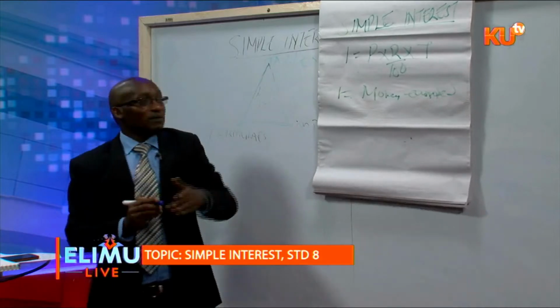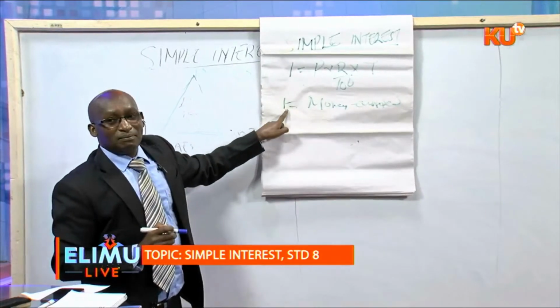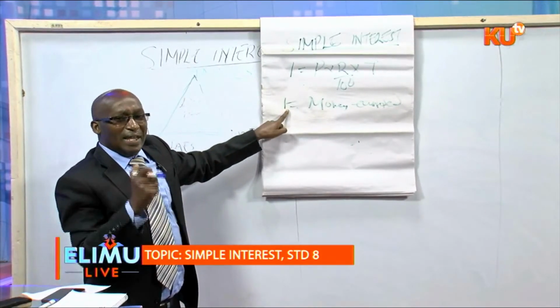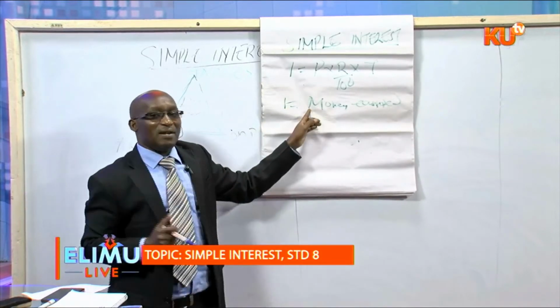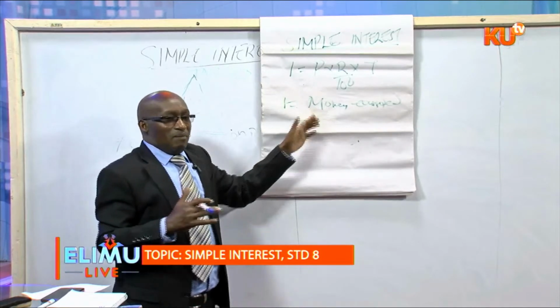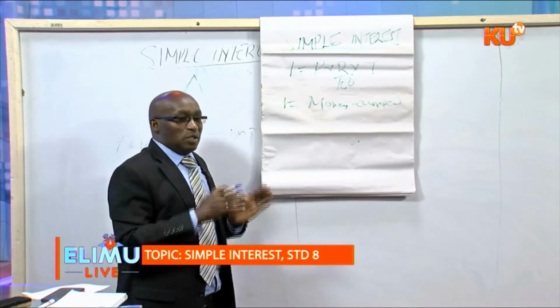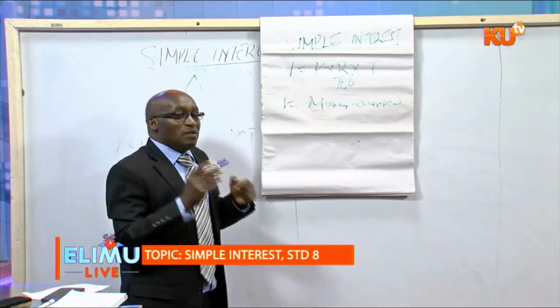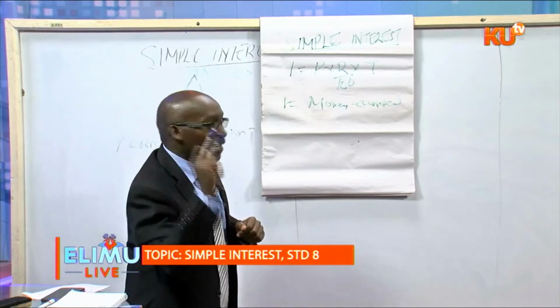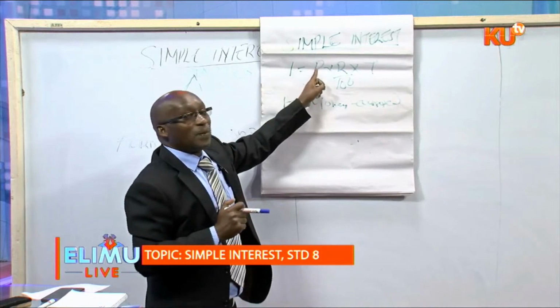Remember, anytime a customer or an individual takes money to the bank, by the act of saving, that is putting money in the bank so that you can get interest, that money that you keep in the bank is what we call the principal.